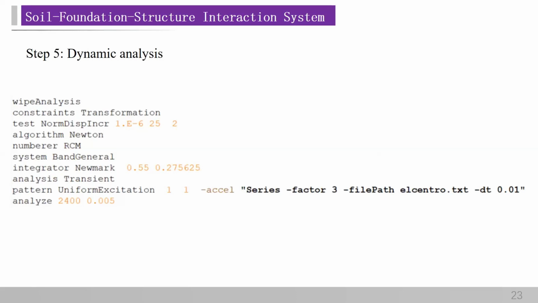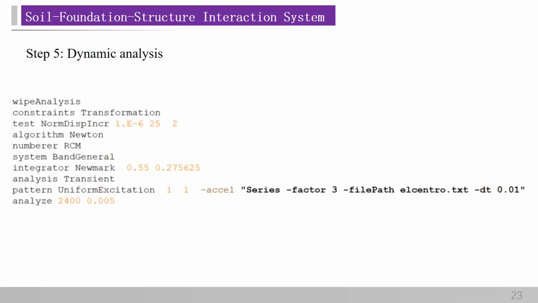The time series is included in this file, and the acceleration value is the value in this file magnified by the factor 3. Then we can apply the earthquake acceleration to the whole SSI system using these commands.